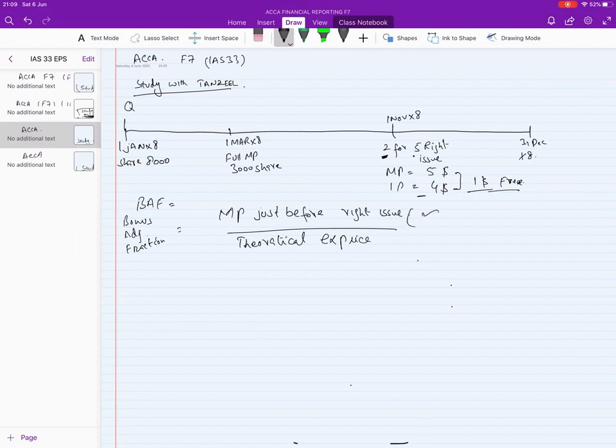This will be given in the exam and has to be calculated. We need to calculate this theoretical ex-rights price. How will we calculate the theoretical ex-rights price?